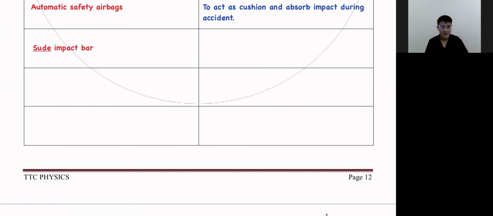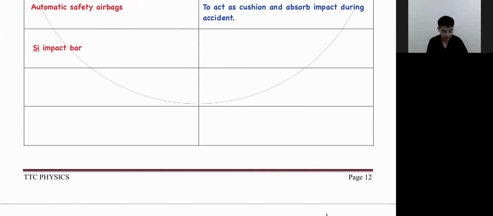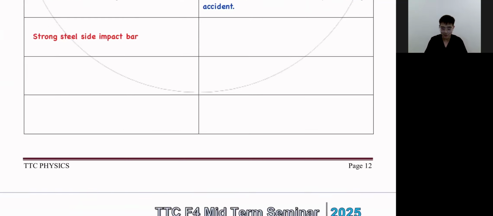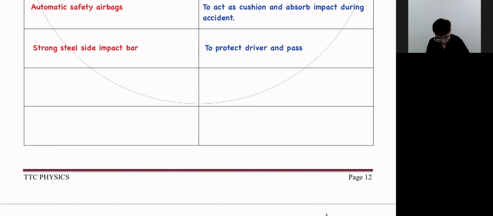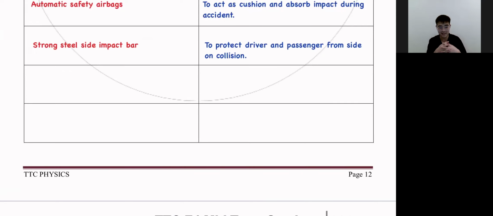The side impact bar should be made of strong steel, because steel is an alloy, stronger than the usual pure metal, and it can protect the driver and the passenger from a side-on collision. That means when a collision happens from the side, the side impact bar can protect the driver and the passenger. Clear?